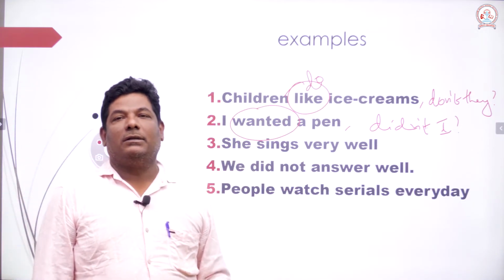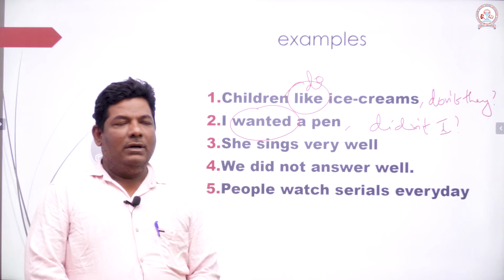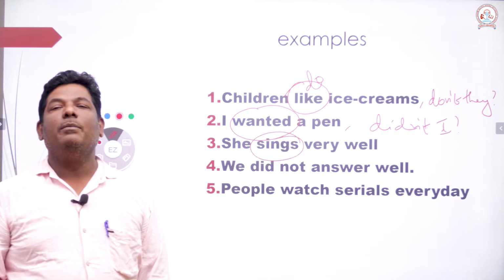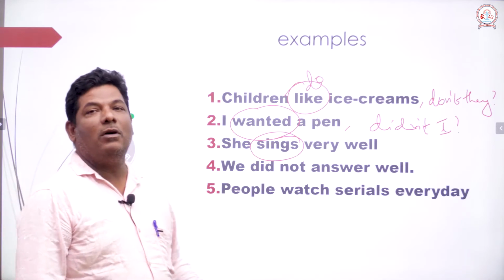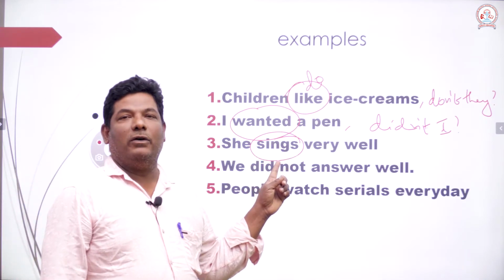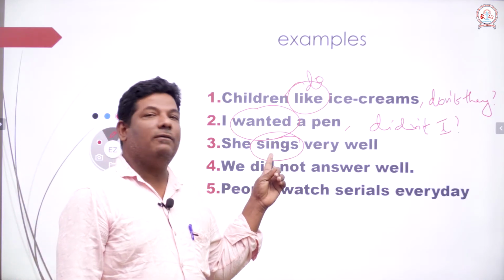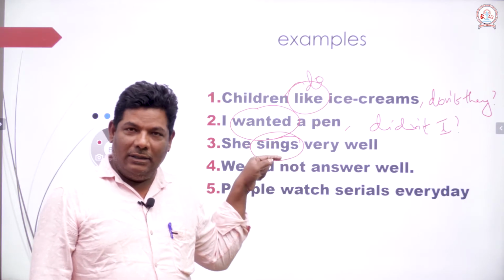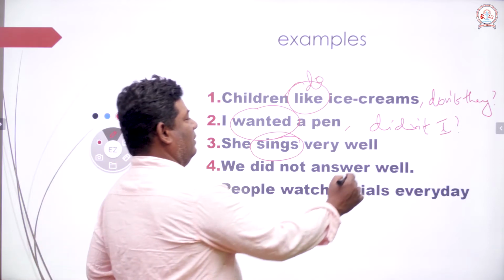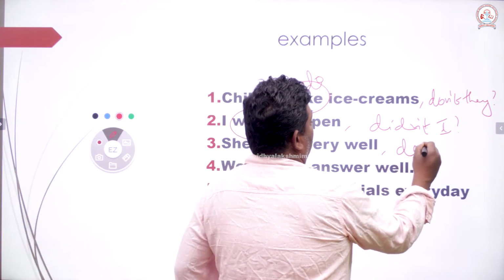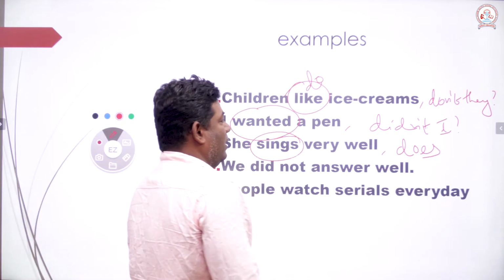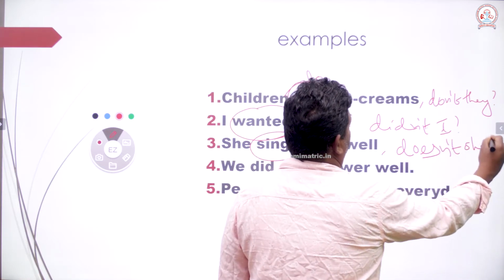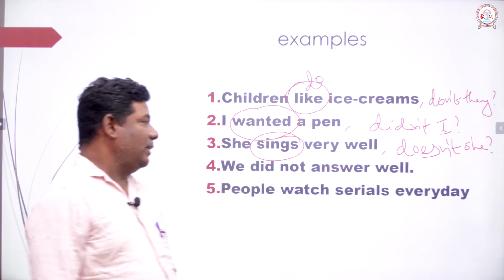She sings very well. Here also the auxiliary verb is not given, therefore we have to take the main verb. The main verb contains does, because it is third person singular, therefore sings. In sings, we have does inside, use that does for writing. It is positive, therefore we write negative, doesn't she.